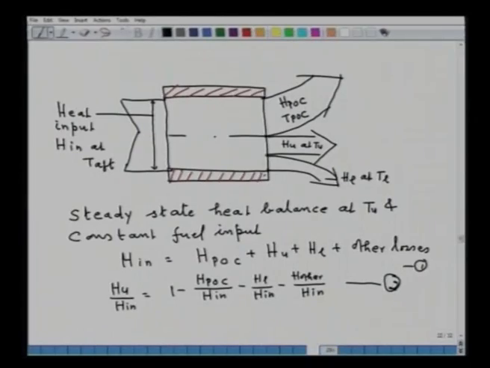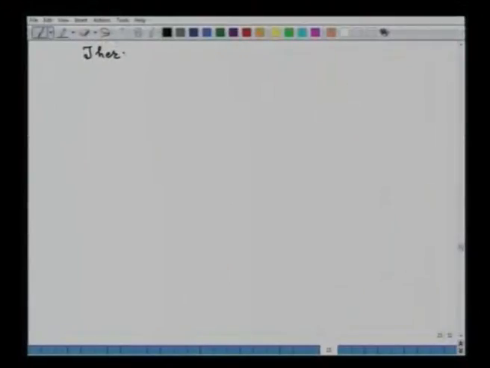Now, let us define the thermal efficiency of the furnace. Thermal efficiency of the furnace is defined in terms of the ability of the furnace to heat the product or to do the useful work.